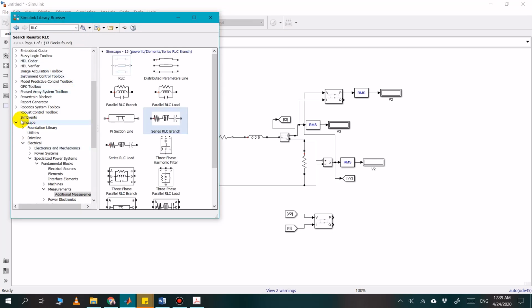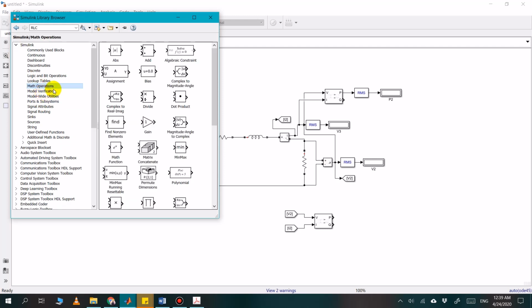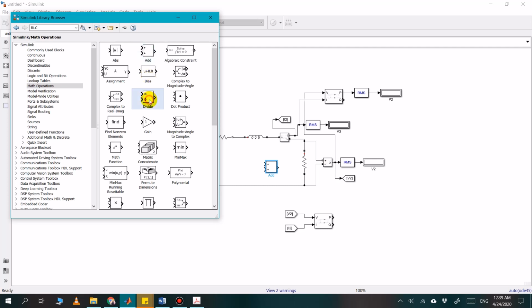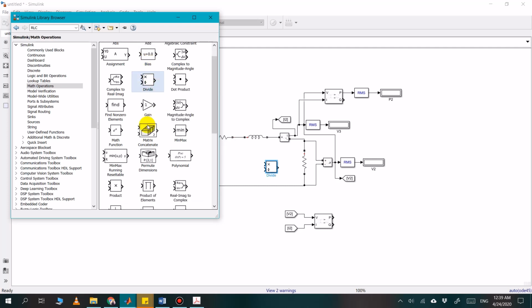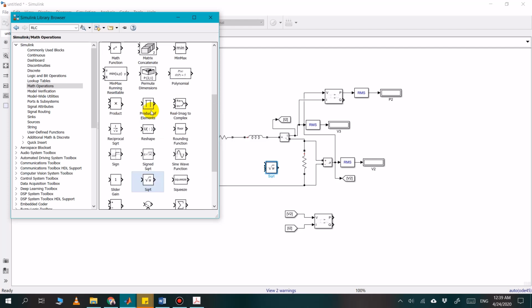Okay, go to math operations. We need an add block, divide block, square root block, and math function. Where is it?